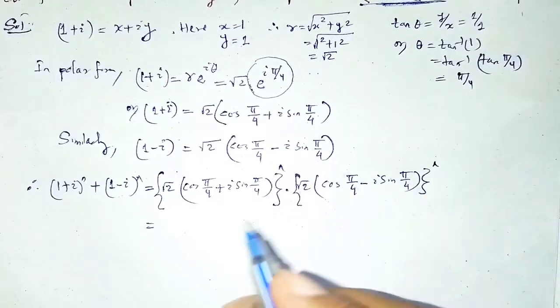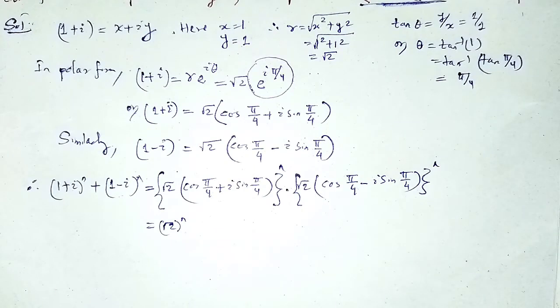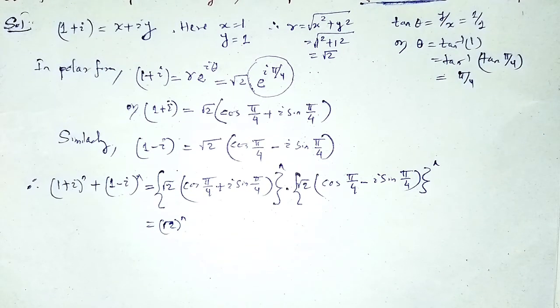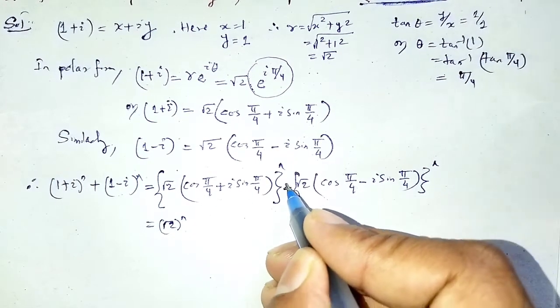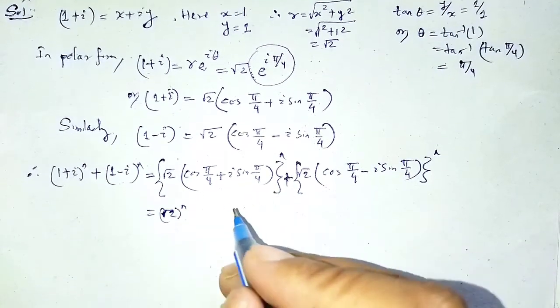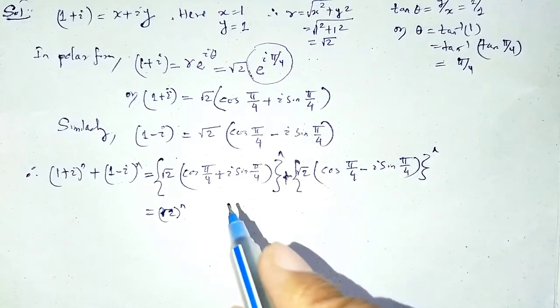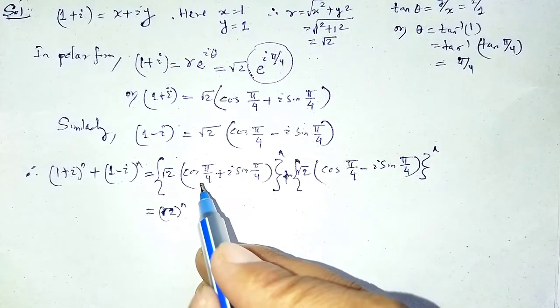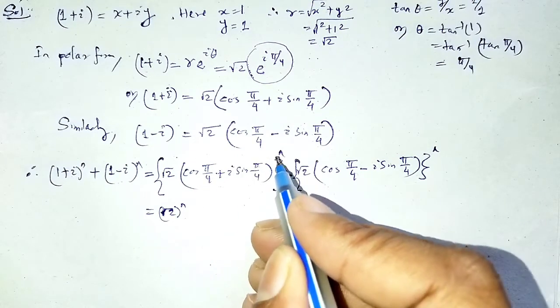Here it is addition, not multiplication. So root 2 to the power n is common. In the bracket term, we have (cos pi by 4 plus i sin pi by 4) to the power n.